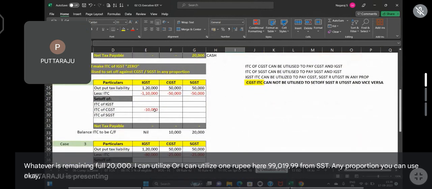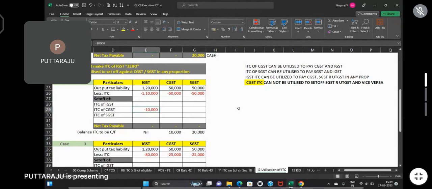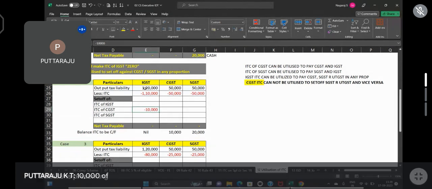Okay, I'm using from CGST. This 10,000 of IGST liability can be met. 5,000 SGST, 5,000 CGST, like that you can do.